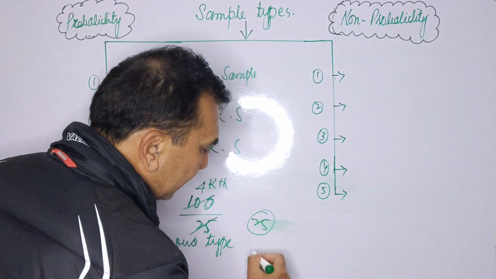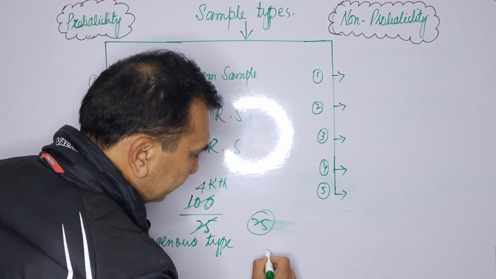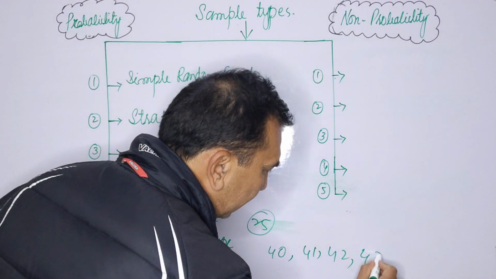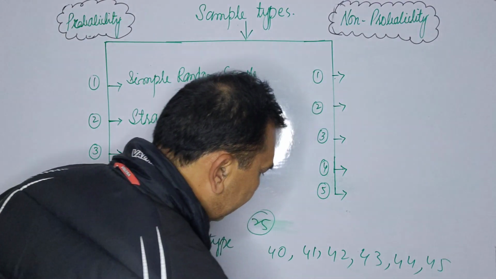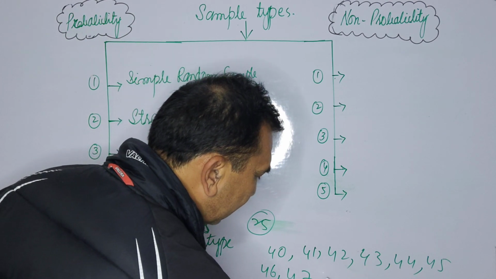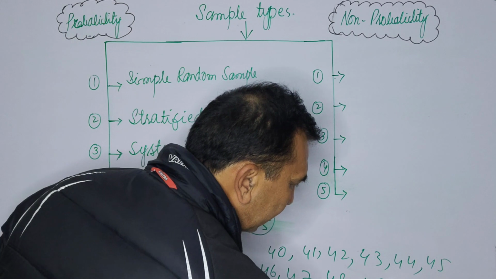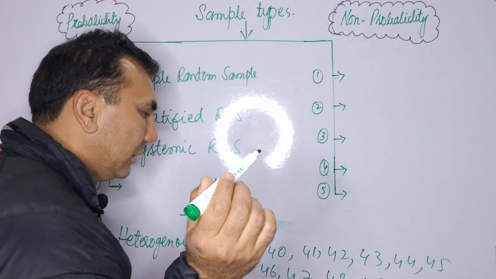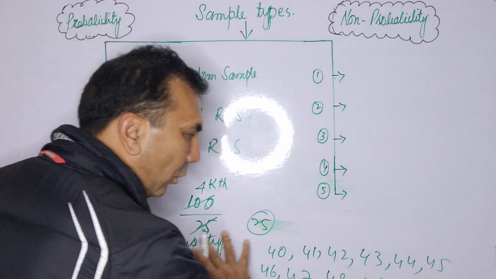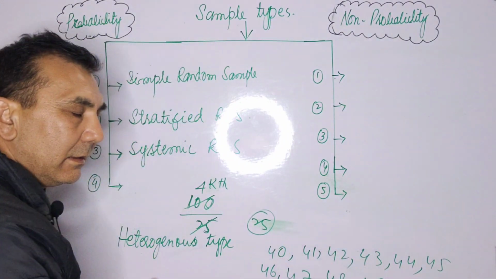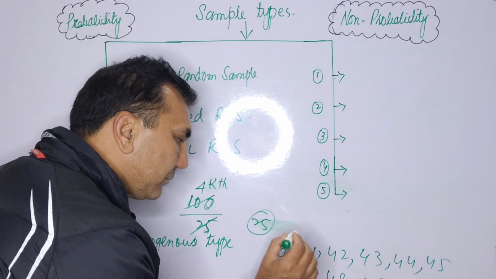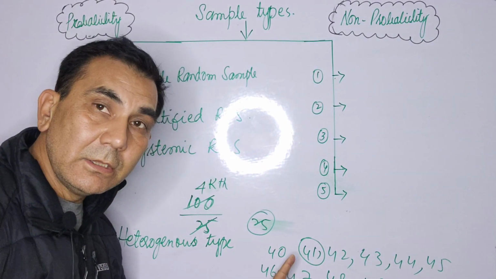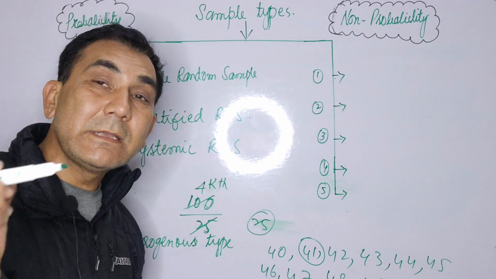Suppose you start from 40, 41, 42, 43, 44, 45, 46, 47, 48, 49, 50. Now you put the numbers of the whole 100 students in front of you, and blindly pick the first student, say the 41st. The 41st student you selected by simple random choice.